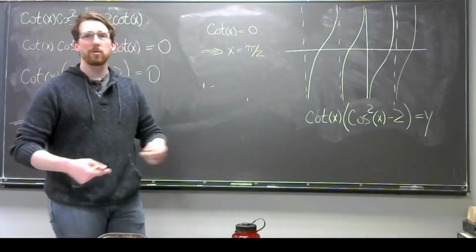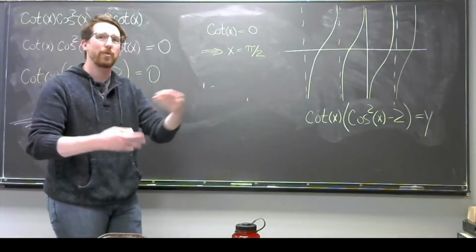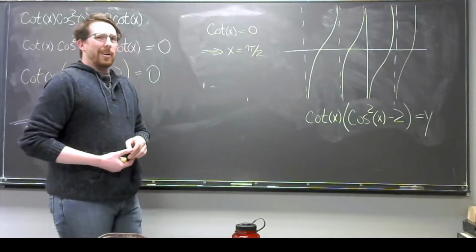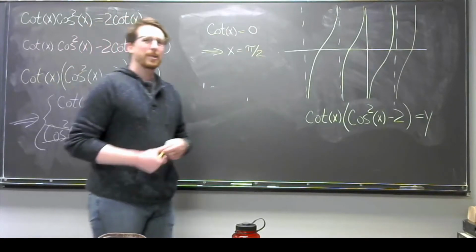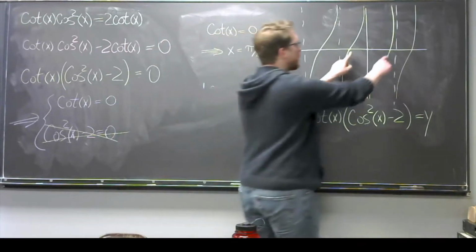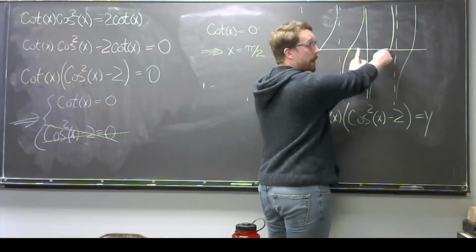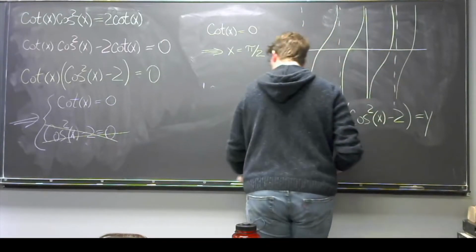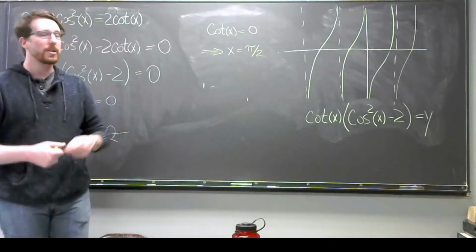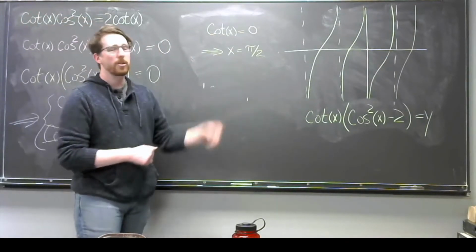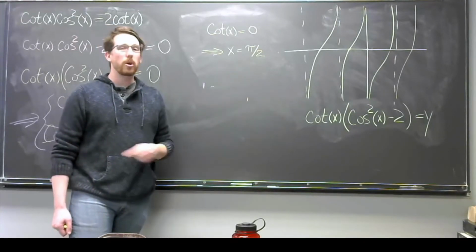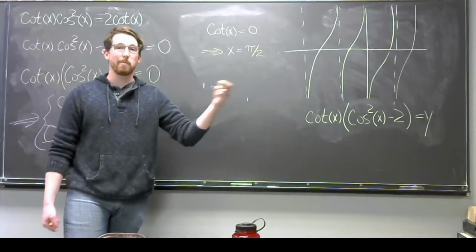It goes through the x-axis at a bunch of different places, over and over and over again. Not just that, it's pi periodic. So the distance between these two zeros is pi. So, yeah, cotangent's equal to 0 at pi over 2, but our answer is going to be pi over 2 plus n pi.